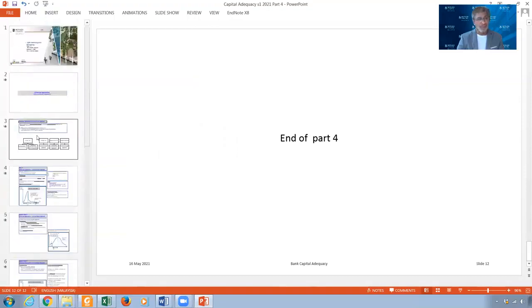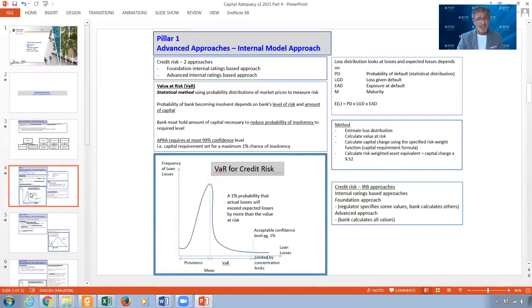I don't want you to worry a lot about Part 4 because I don't intend to cover it extensively, maybe in the future. But this time, I want you to know that if you are departing from the standardized model, which we discussed in Part 3, you can use the VAR to calculate all those risks, integrate them, calculate the risk matrix, and then calculate the capital charge for all those risks, and then you transfer it to risk-weighted assets by multiplying by 9.52.